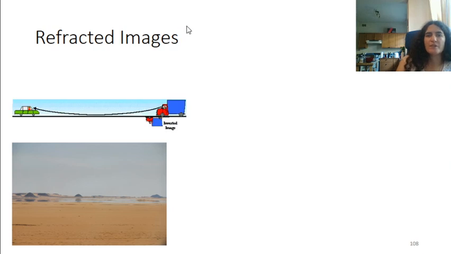Okay, so here's some more demonstrations of refracted images. So this is a mirage. If you've ever heard of people saying that in the desert it looks like they see water in the distance, but it's not actually there. The reason for this is the bending of light that happens when the air above the surface of the ground is very hot. So it's going to cause light to bend here.